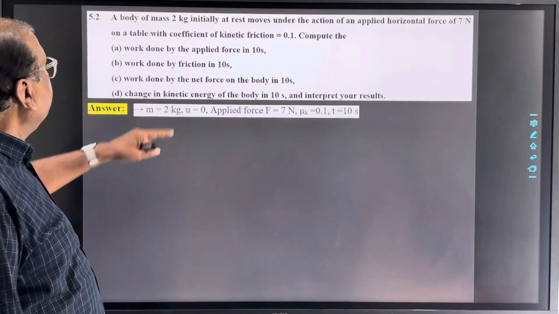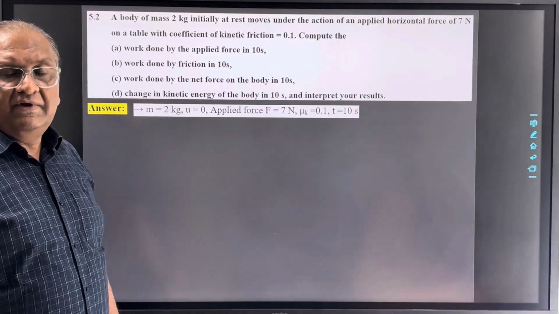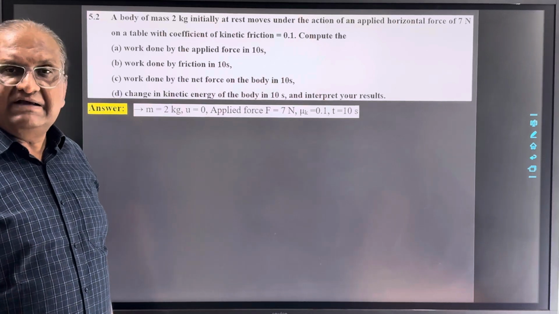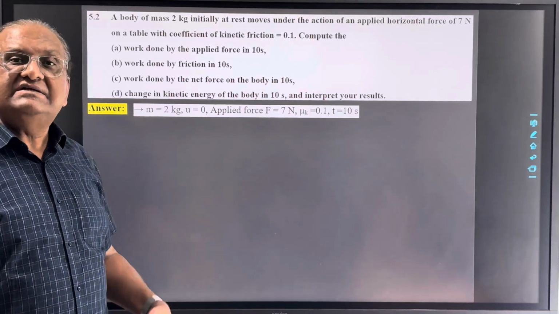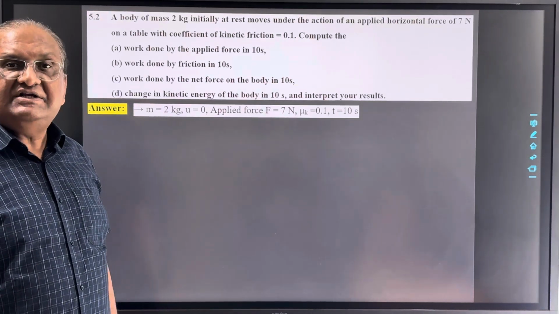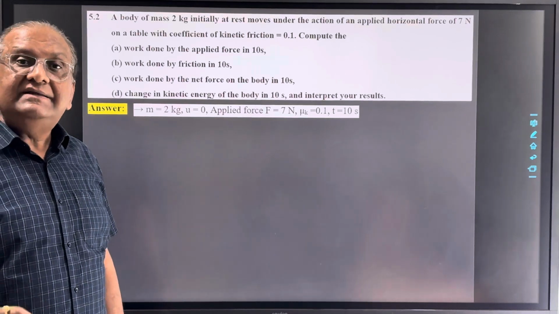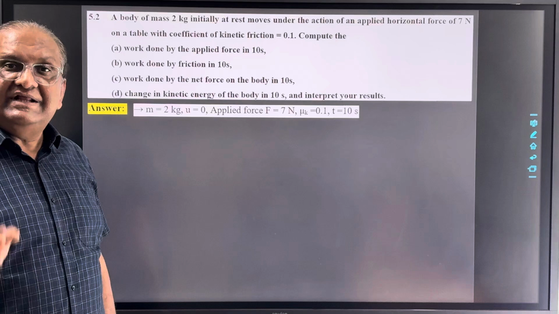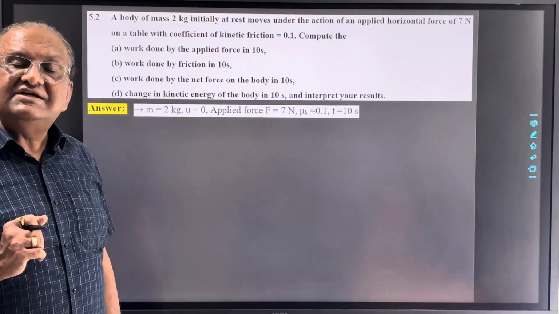Now here friction is also there. So what is the frictional force, the applied force that is given to you, and what is the net force? All this we have to calculate. Then after we have to calculate acceleration, because using that we can calculate the displacement.